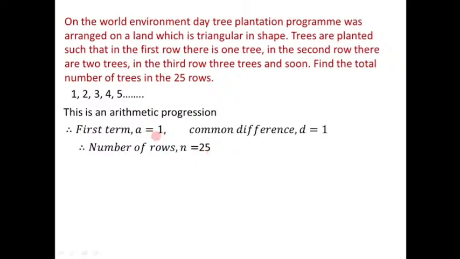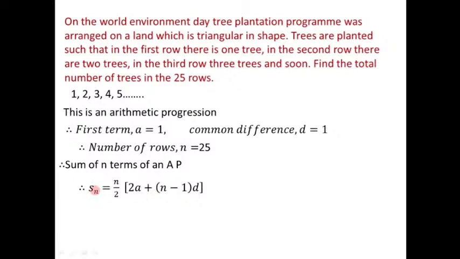Now we have the first term, the common difference, and the value of n, that is the number of terms in this AP. We can use the formula for the sum of n terms of an AP, and the formula is Sn is equal to n divided by 2 into bracket 2a plus n minus 1 into d. Now by using this formula we can find the total number of trees.